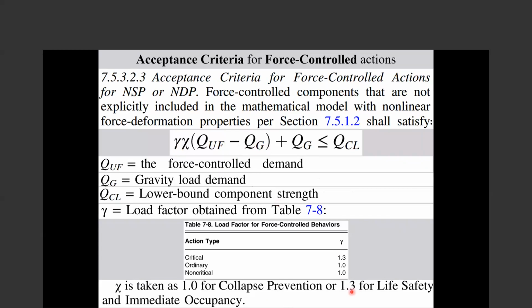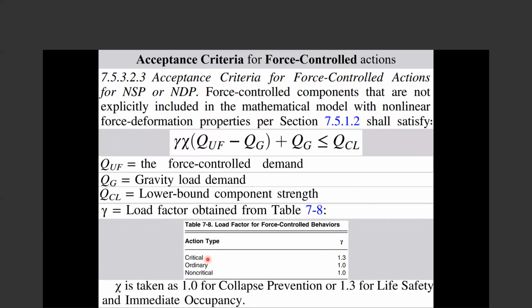So for life safety and immediate occupancy, they increase the level of the demand in the force control element, but for collapse prevention, they don't. And also another factor to apply to critical elements. Critical elements are the force control actions that, if they fail, a few bays or a few stories of the building will collapse.